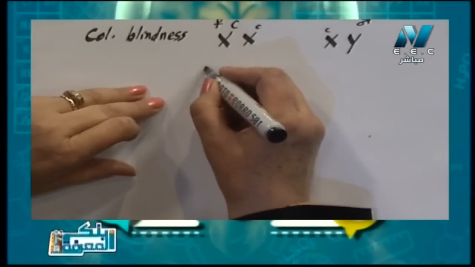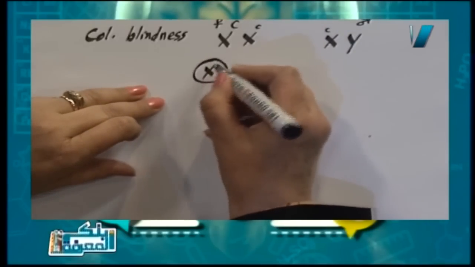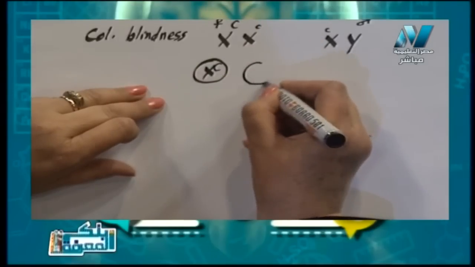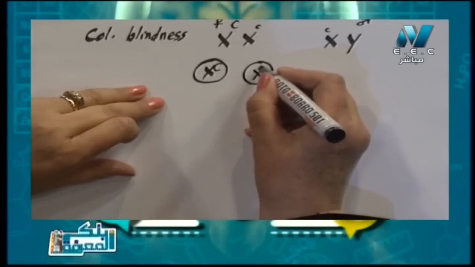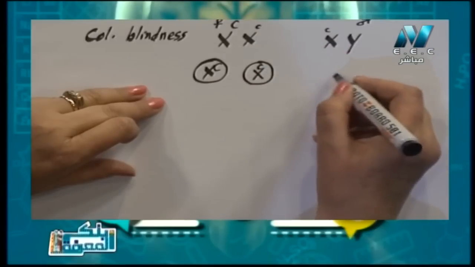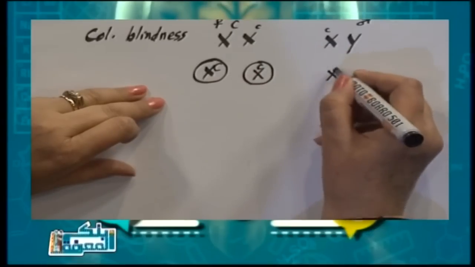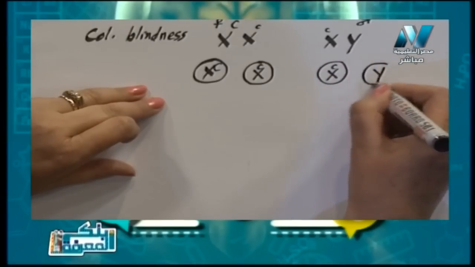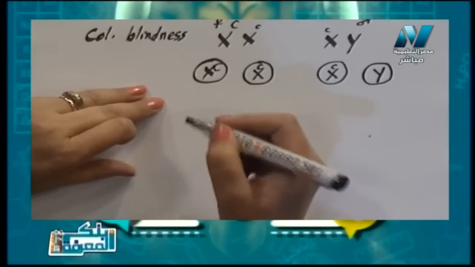By getting the gametes, the first one with capital X, capital C, and the other X with small c, the male gametes X with small c and Y with no genes.